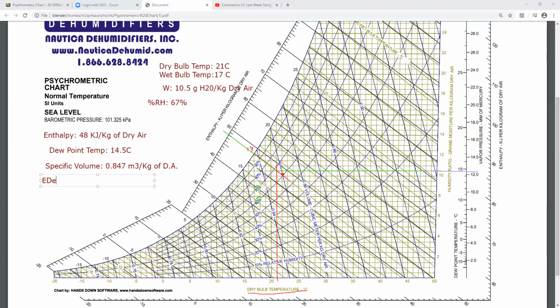So density is equal to 1 divided by specific volume, and that would be equal to 1 divided by 0.847.